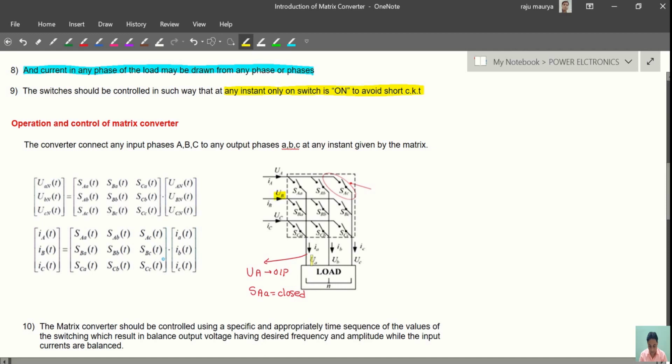Now if we want phase B to come here, then we close switch SBA.